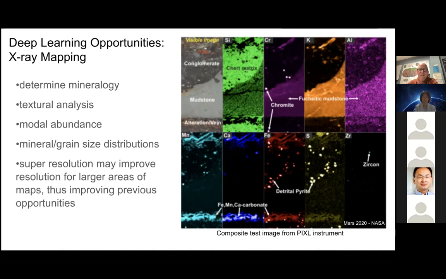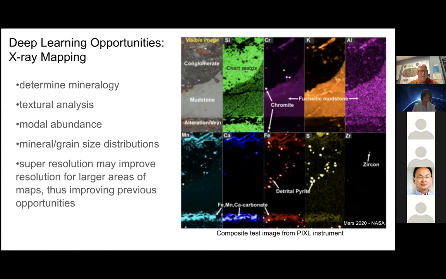But what I think is an opportunity, especially using the volcanic samples from Mars, is to calibrate our deep learning techniques as they apply to X-ray images and X-ray maps to better understand how to pick out specific minerals, how to make determinations based on the occurrence of those minerals, their shapes and abundances, how rocks are texturally different.